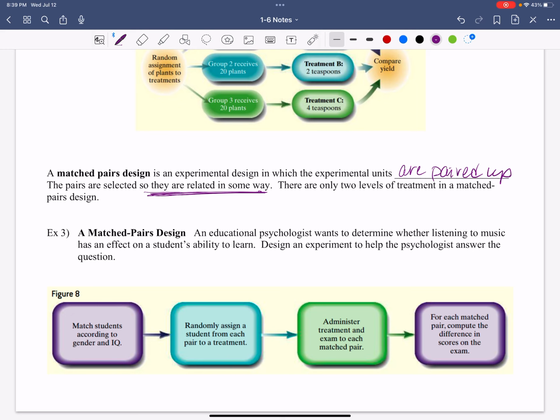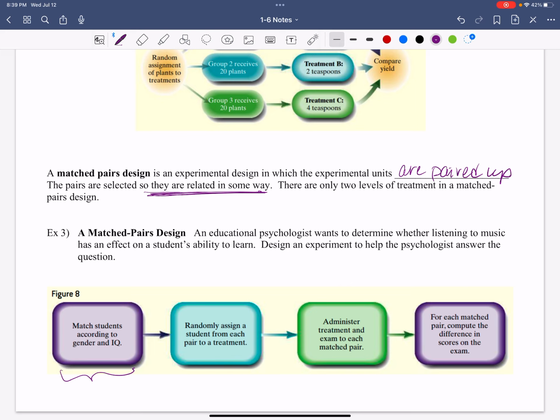An educational psychologist wants to determine whether listening to music has an effect on students' ability to learn. So they want to know, am I listening to music? Am I not? Design an experiment to help the psychologist answer the question. The first thing we're going to do is match students according to gender and IQ.